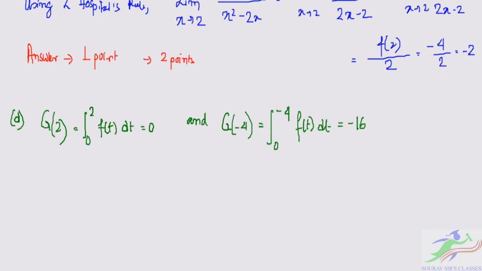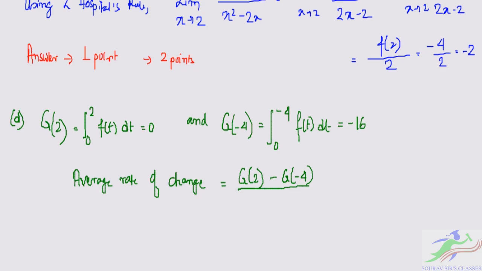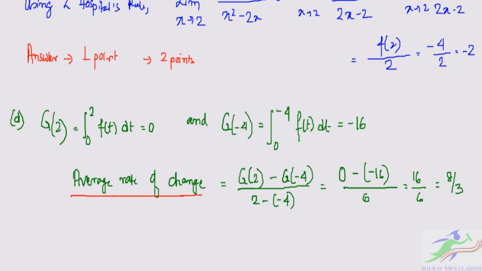So the average rate of change is g of 2 minus g of minus 4, divided by 2 minus minus 4, which is 0 minus minus 16 over 6. Simplified, 16 by 6 is 8 by 3. So this is the average rate of change.